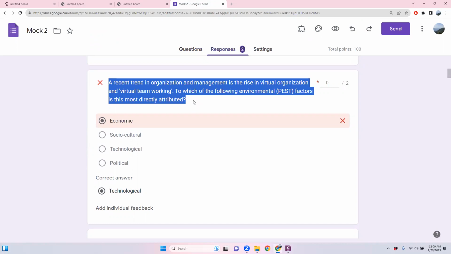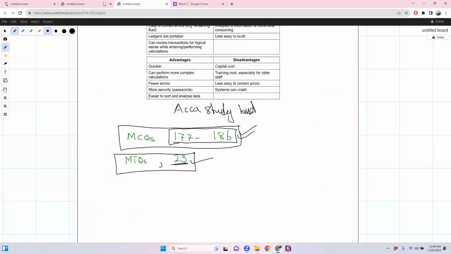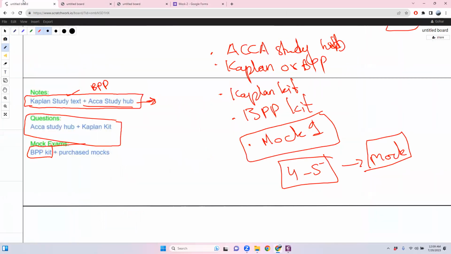We provide a complete explanation at the same time, so you understand why you got an MCQ wrong. This helps you understand the F1 exam even better and makes sure that you can score well above 75, 80, or 85 marks. This is one of the quickest strategies: attempt the mock exams as much as you can and take guidance from your tutor so that you can score well in your exams.